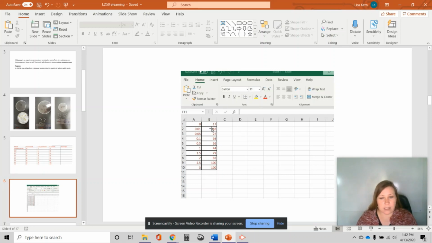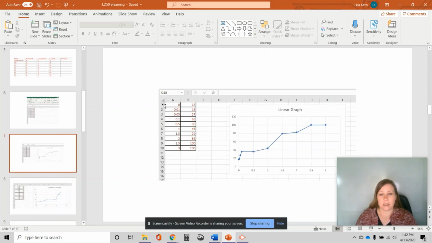So I've got this data in here with the x-axis first and then the y-axis, because that's the way Excel prefers to have the data, and that's usually the way you write it anyway. Here we have that same data, and I asked it to give me a scatter plot of it, and this is what we would call a linear graph. It's on a linear scale. This is the kind of graph that most people would draw if you were asked to draw a graph of this.